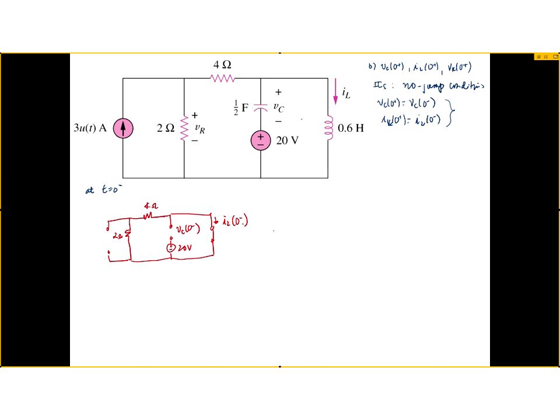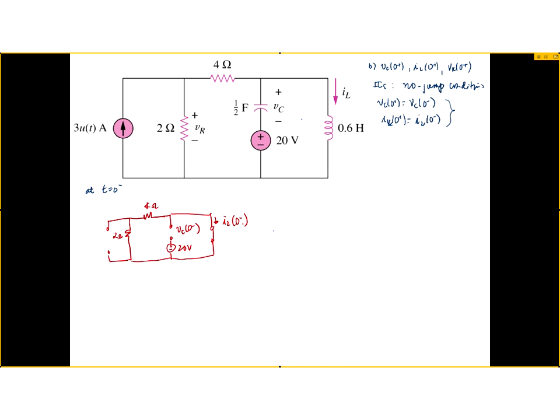Everyone okay with this circuit? How I got it? This is open circuit, and it's steady state, so the capacitor is open and the inductor is short. Take note that I only label these two variables here, VC and IL.